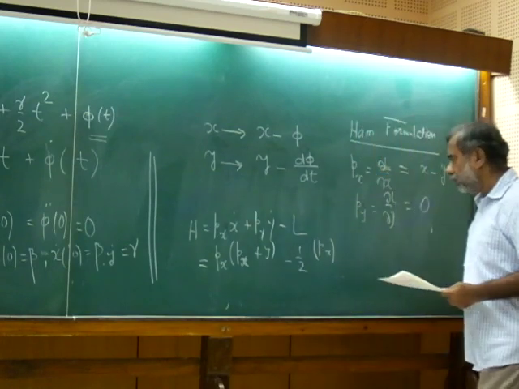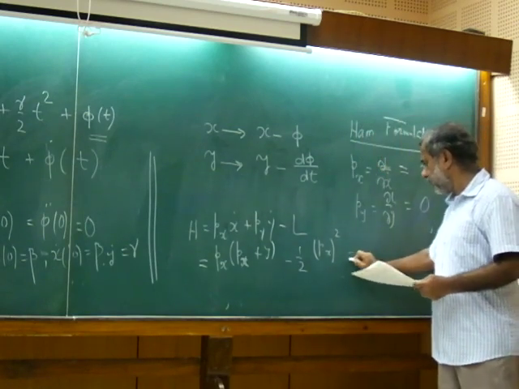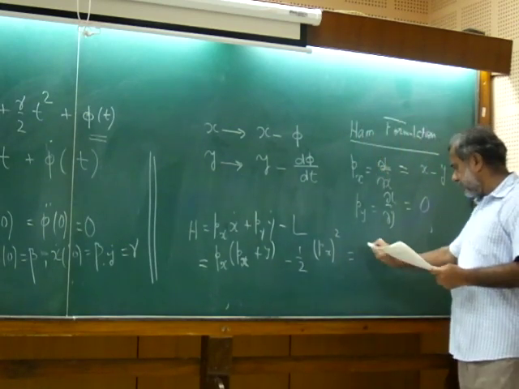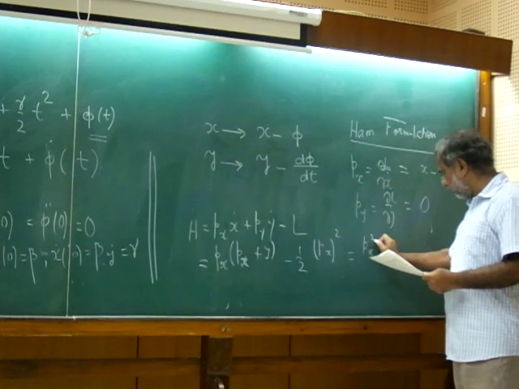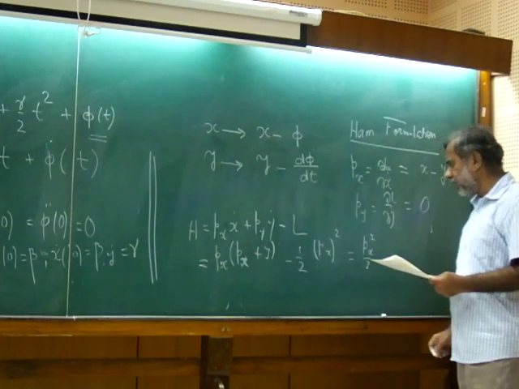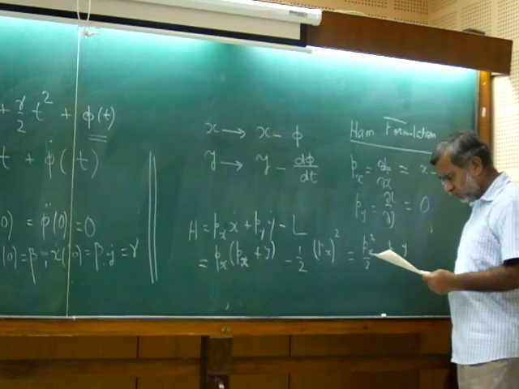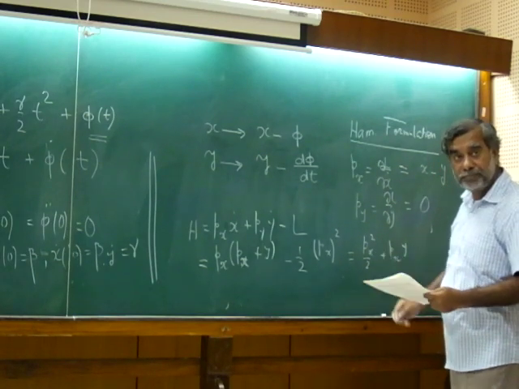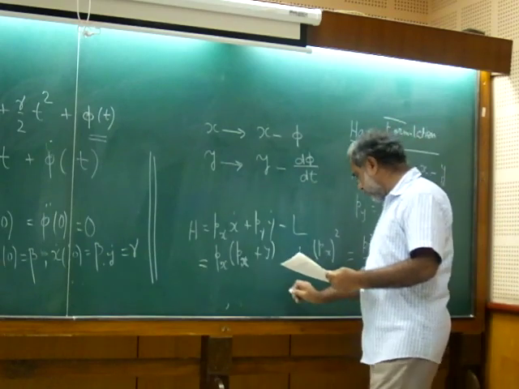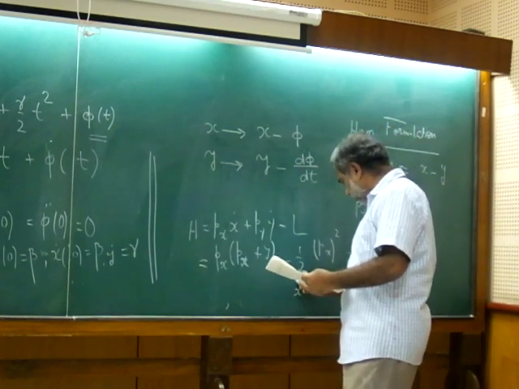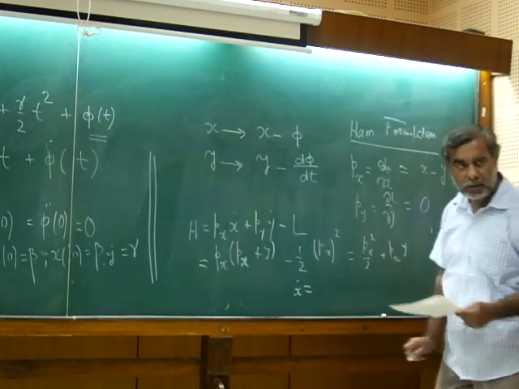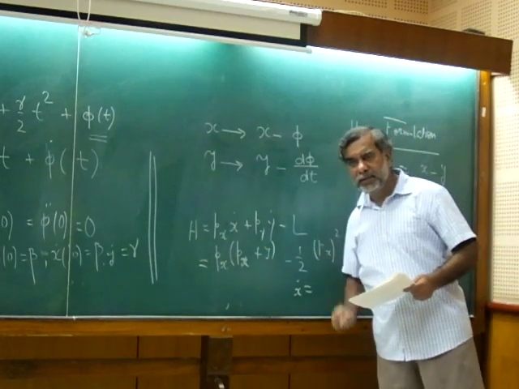X square. So what do we get? Px square by 2. Okay? Then let us compute x dot by bracketing with the Hamiltonian.